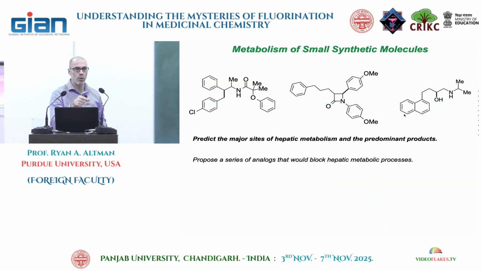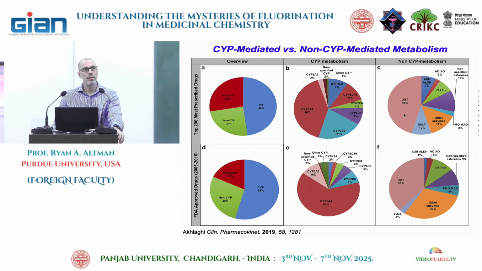And in order to understand why fluorine works, you have to first understand a little bit about the enzymes that promote the degradation of the drugs and the mechanisms by which those enzymes function. Okay? So let's talk a little bit about those enzymes. And first, we need to think broadly about drug metabolism.